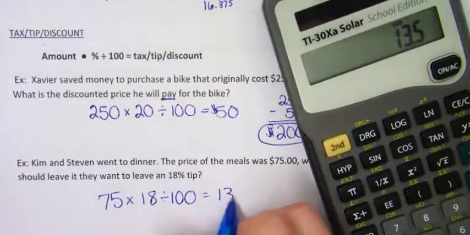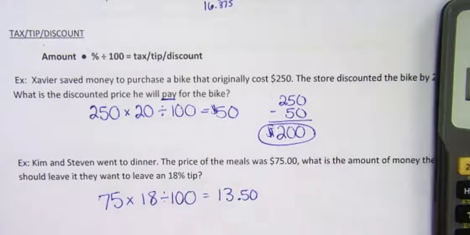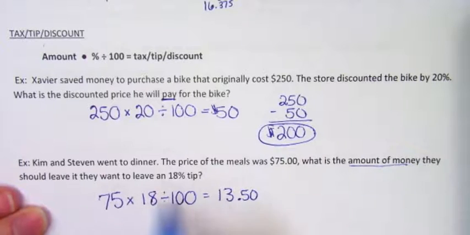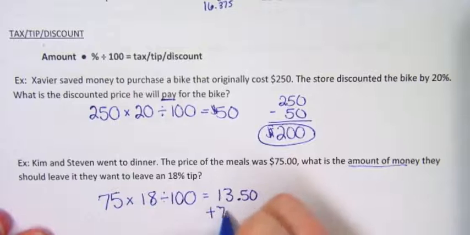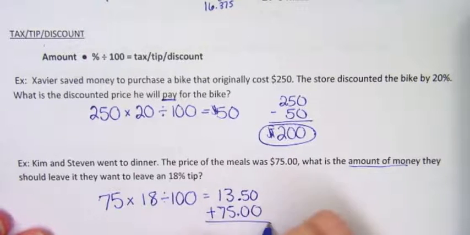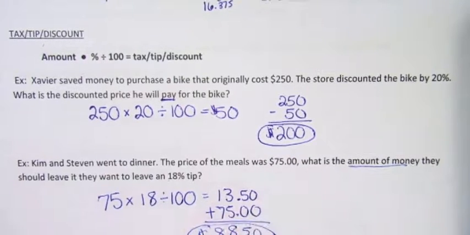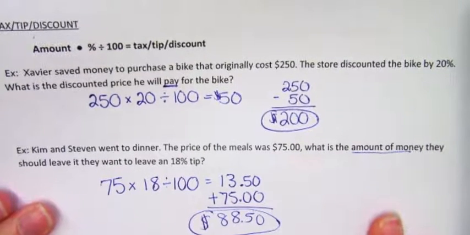That tells me that $13.50 is what 18% is. But once again, let's read the question. Did it want just the tip, or does it want the total amount? It says, what is the amount of money they should leave if they want to leave the tip? So we need to get the total amount. We have to take our tip plus the money and add them together, which will give us $88.50 is how much money they should leave for their meal.